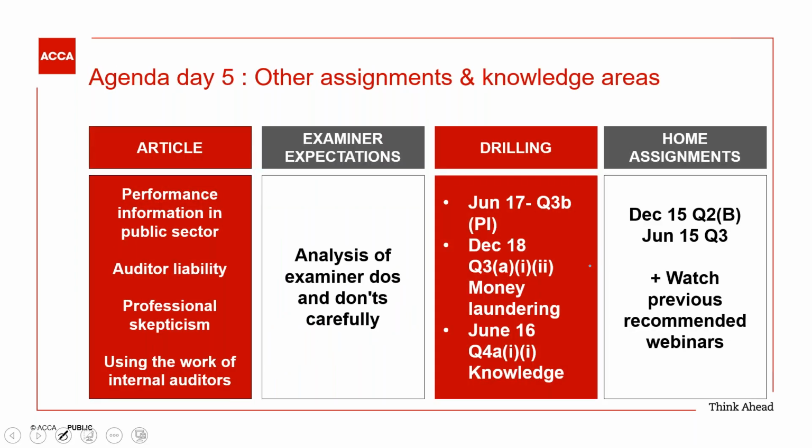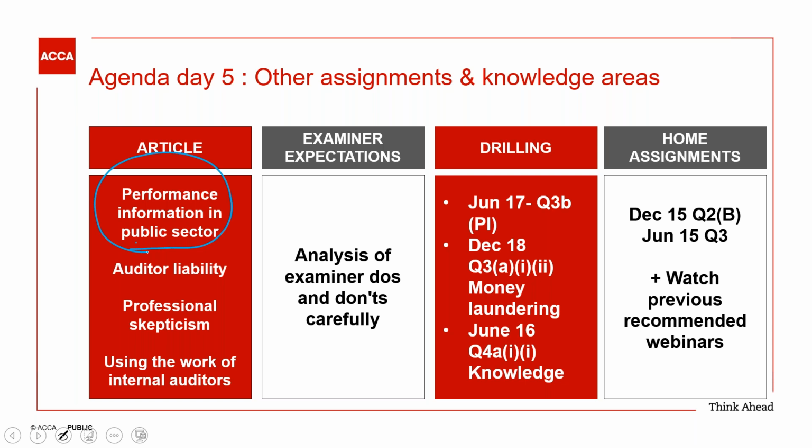The agenda for day 5: articles, plenty of them, because we're not just focusing on the other assignment, we are also focusing on the importance of the knowledge area in the AAA paper. So plenty of articles are recommended, and they are in the handout section of the webinar. You can download them. Performance information in the public sector is the first article that relates to the topic we are starting, audit of performance information.